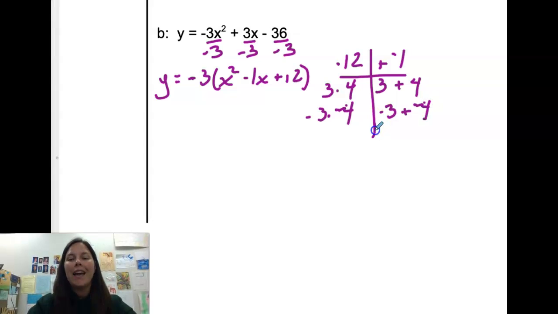The only way to add to that negative 1 is if the 4 were negative and the 3 were positive. But when I try that on the other side, negative 4 times positive 3, that would give me a negative 12. So I'm unable to continue factoring this one. So it's done the way that it is.